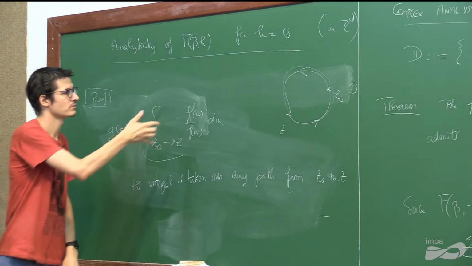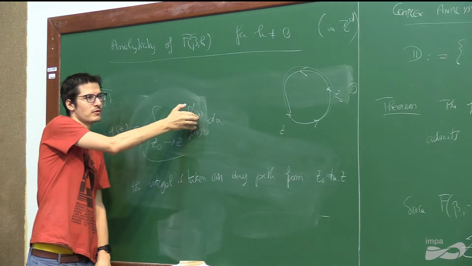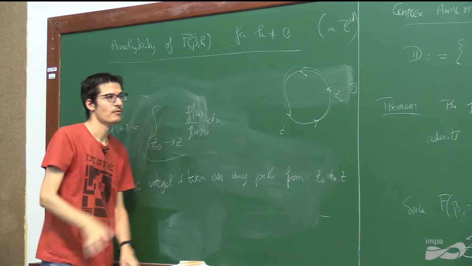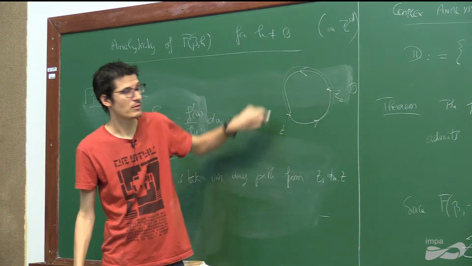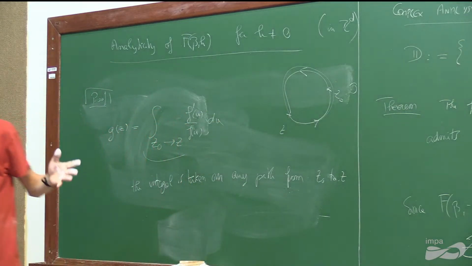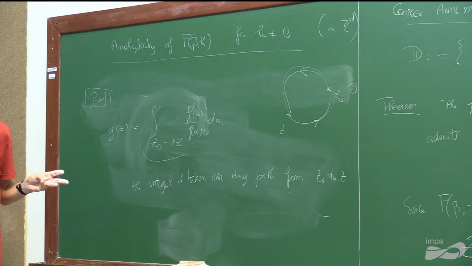So you are going to take the integral of a holomorphic function over a contour which is contractible, because our domain is simply connected, and therefore it's equal to 0.